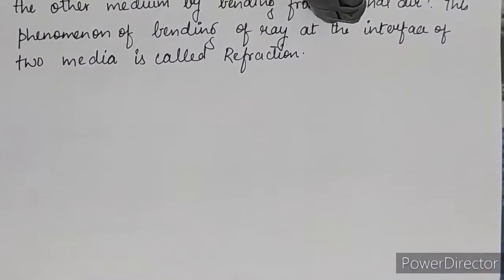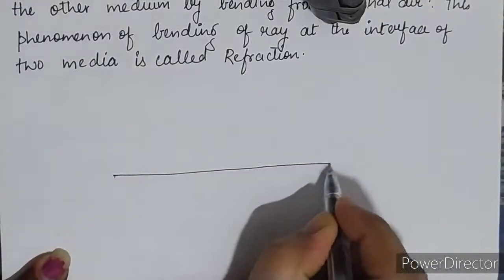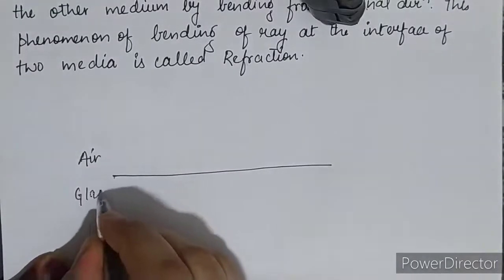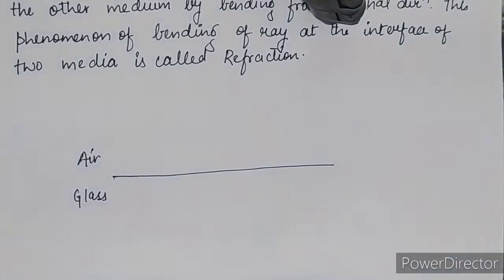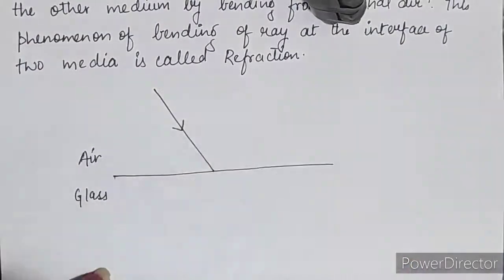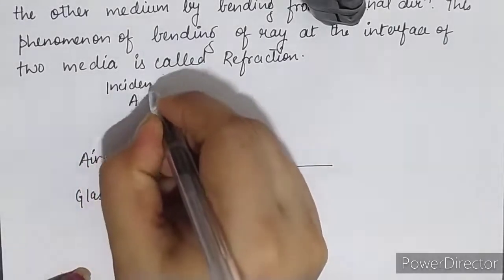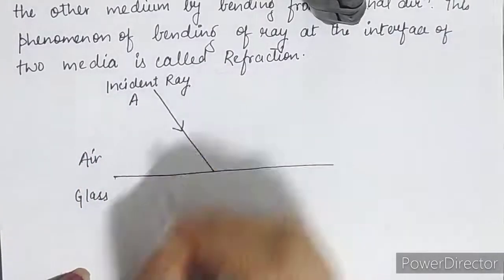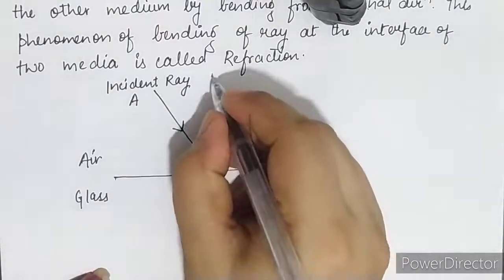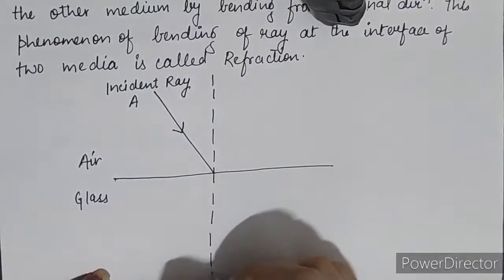Suppose this is the separation between the two media, first is air and the other is glass, a common example I am taking. Now the incident ray is coming. A is the incident ray, incident on this point of incidence. Here I am making a normal; normal means a perpendicular line.